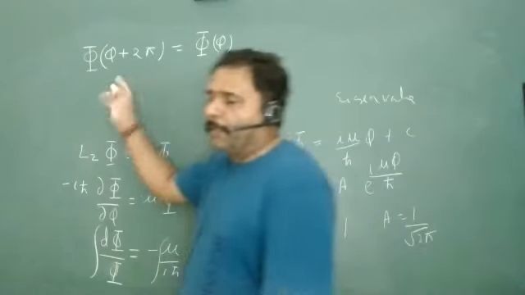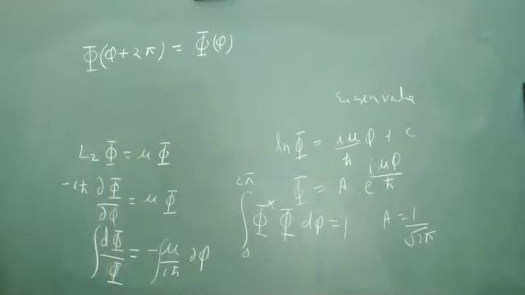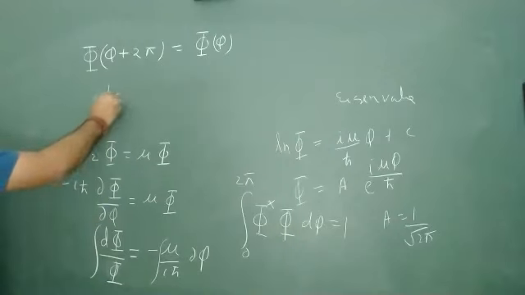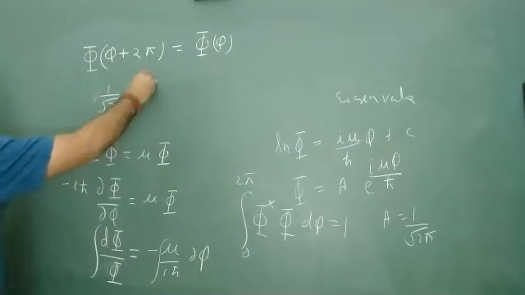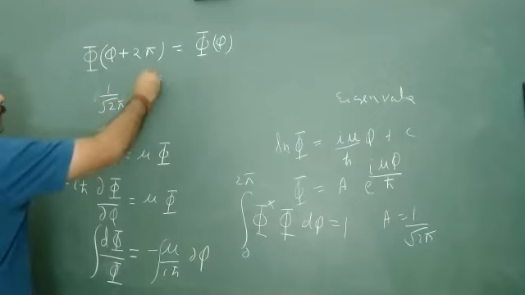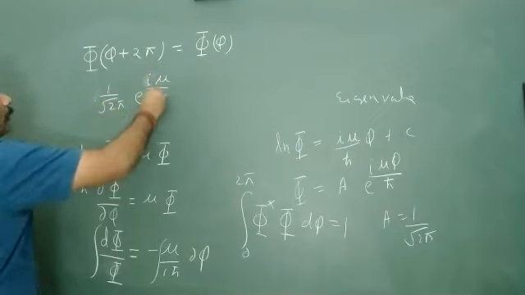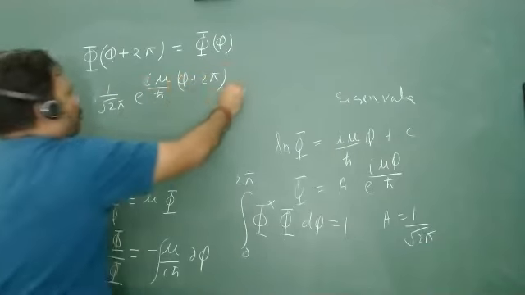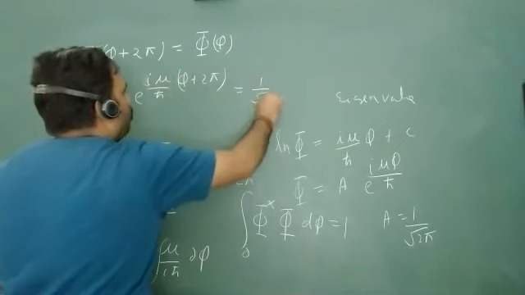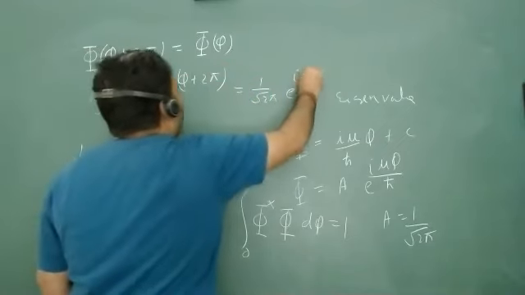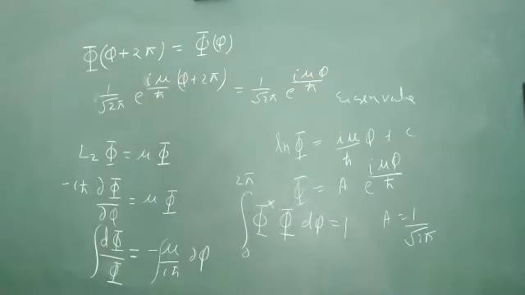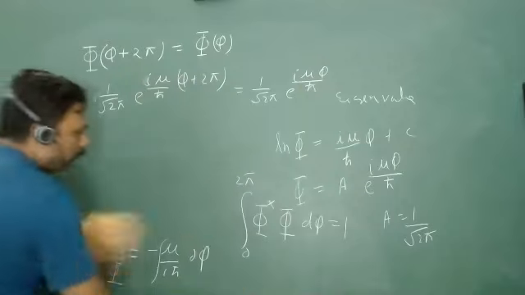Using this boundary condition, we can get the allowed values of mu. So I can write 1 upon root 2 pi e to the power i mu upon h cut times phi plus 2 pi must be equal to 1 upon root 2 pi e to the power i mu phi upon h cut. So what will be the next step?